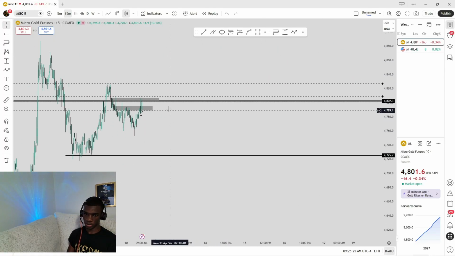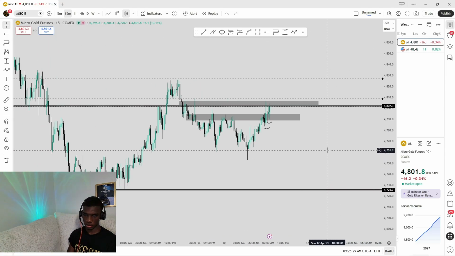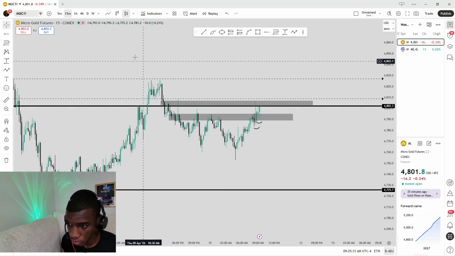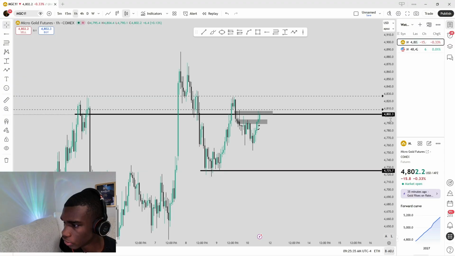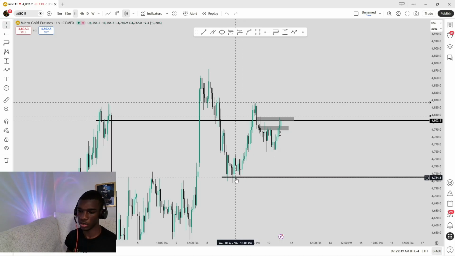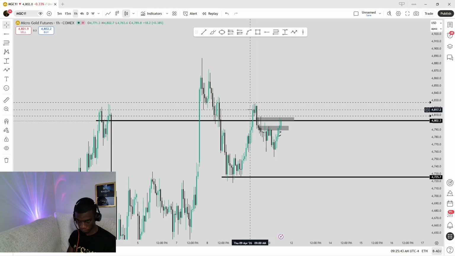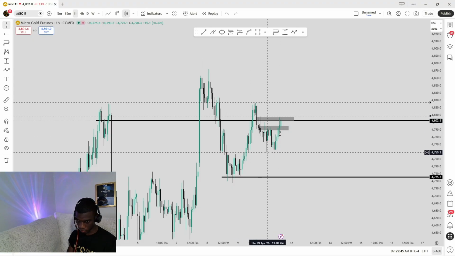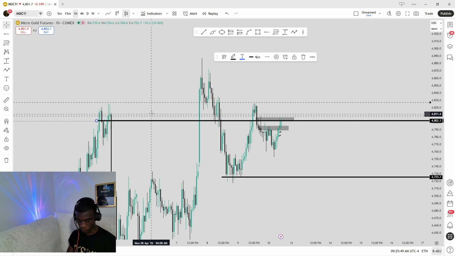Alright, let's see what's going on over here. So this is still looking nice. In an uptrend, it's good to see the higher highs here. I know this is a lower high, but as I say, in an uptrend it's good to see the higher highs here, and this black line is my focus point.